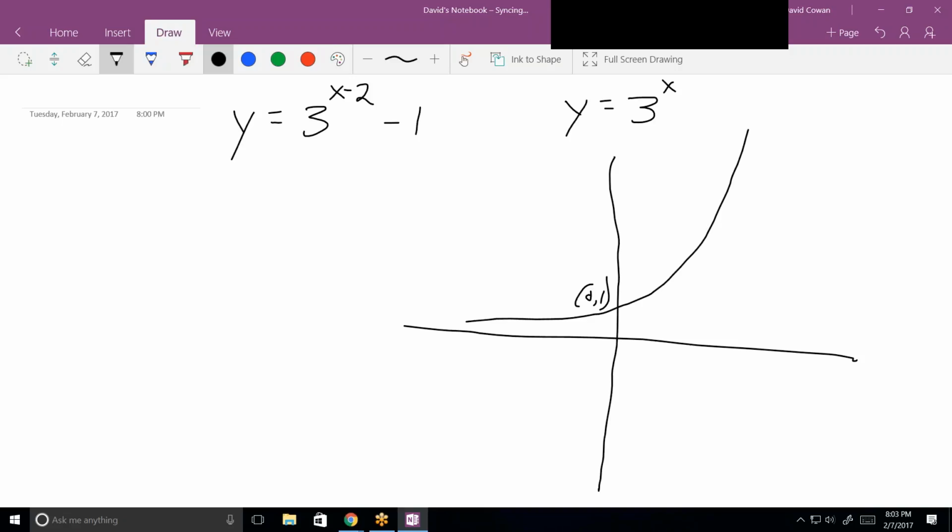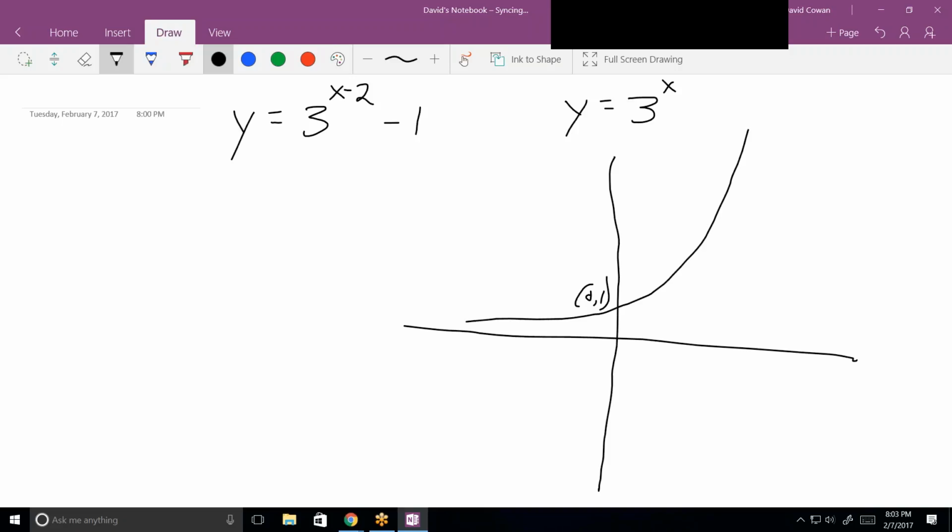If I don't label anything else, you can't really tell whether that's 3 to the x or 13 to the x or 100 to the x, because exponential functions all tend to have similar shapes. But we'll say it's 3 to the x.